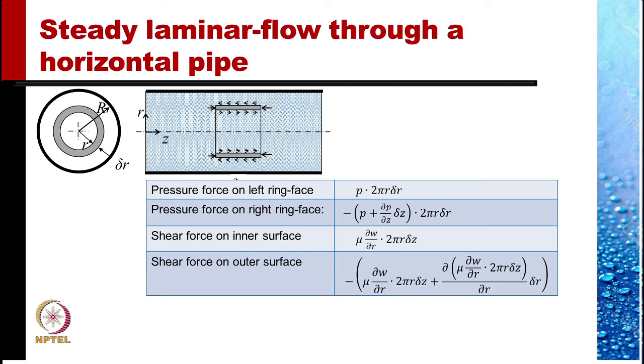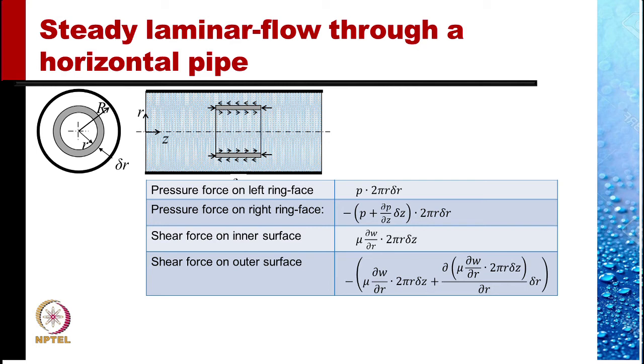So it is minus P plus del P by del z into delta z multiplied by 2 pi r delta r, the area of the ring face.